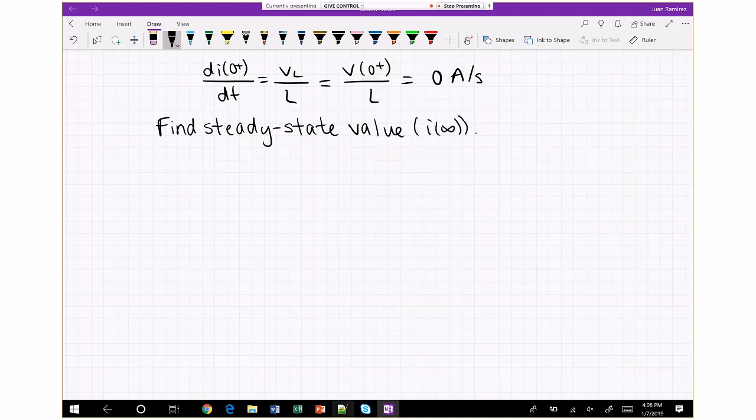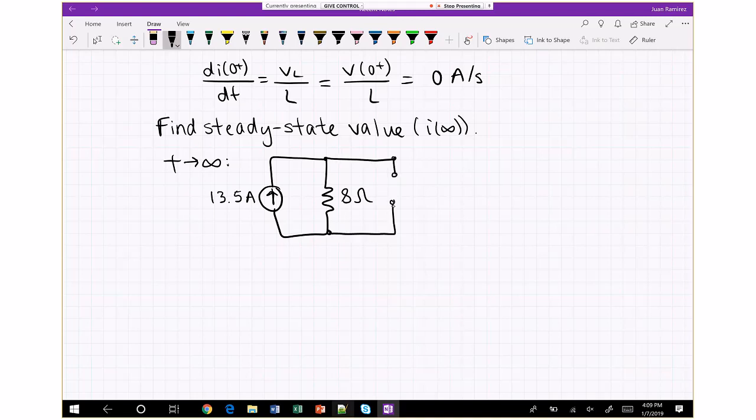Okay. So now we're going to analyze the circuit a long time after the transition. Again, it still has that 13.5 amps. Still has the 8 ohms. But now we're analyzing the capacitor as an open and inductor as a short.